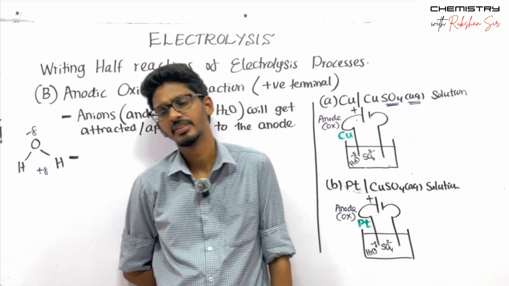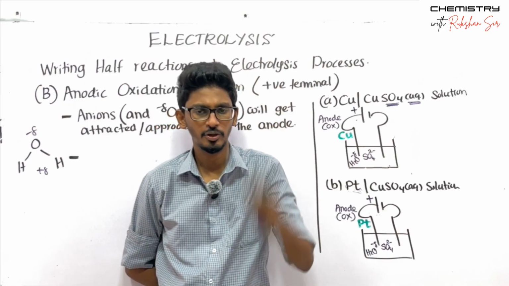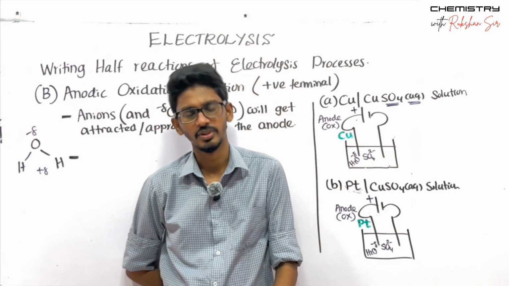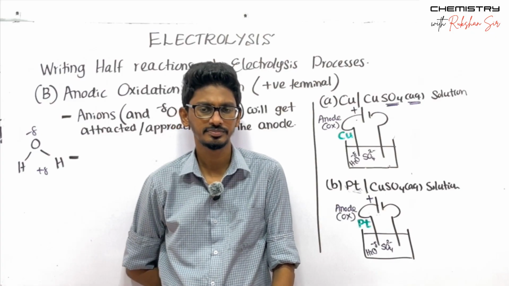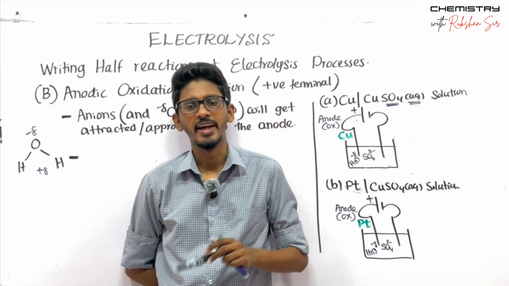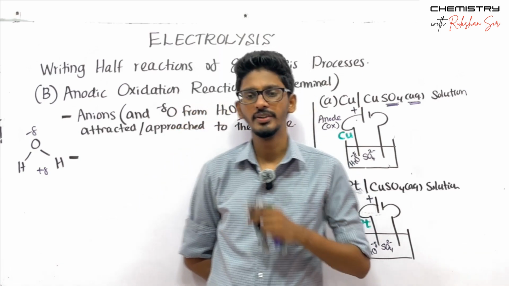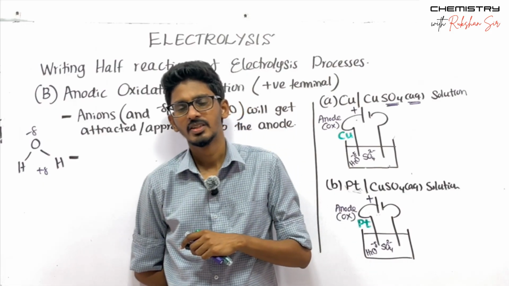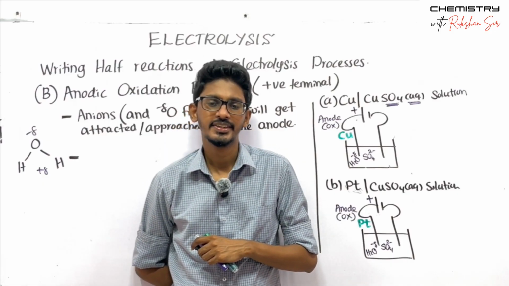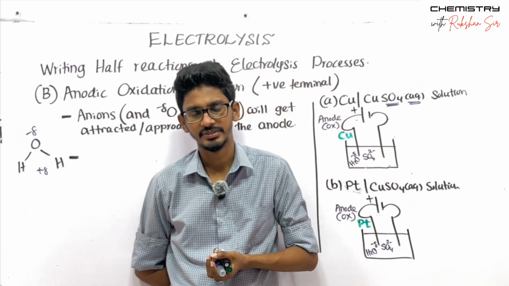The one which is lower at the activity will reduce first at the cathode. That is very easy conclusion. But when it comes to anodic process, where kind of oxidation would occur, the selection is a bit more complex.